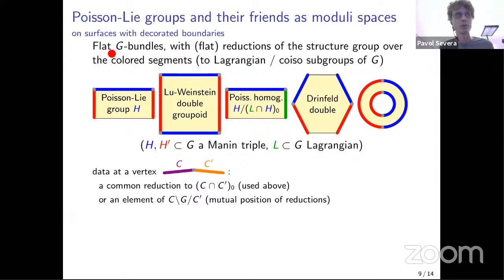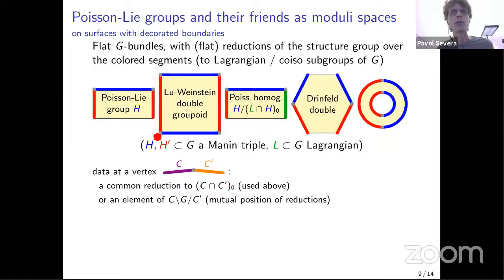So we take the moduli space of flat G bundles, and whenever you see some kind of arc on the boundary, we choose some particular color, and to that color we assign some particular subgroup in G, like this H sitting in G. And we want to have a reduction of the structure group over that colored segment. So here we would have a flat H bundle, and this would be a flat H prime bundle.